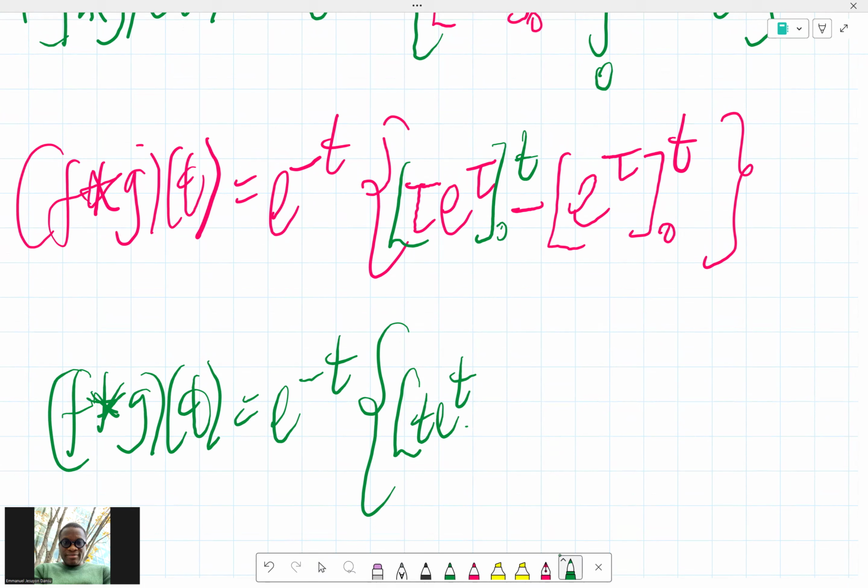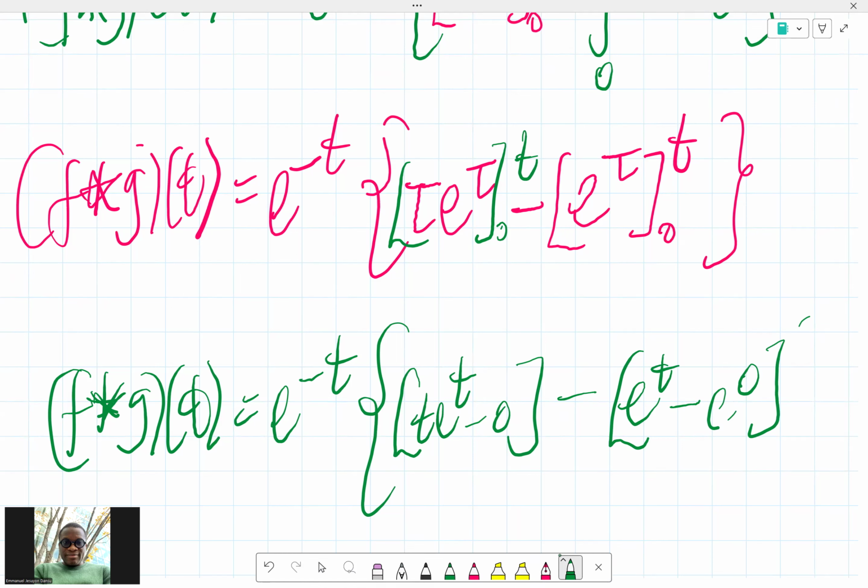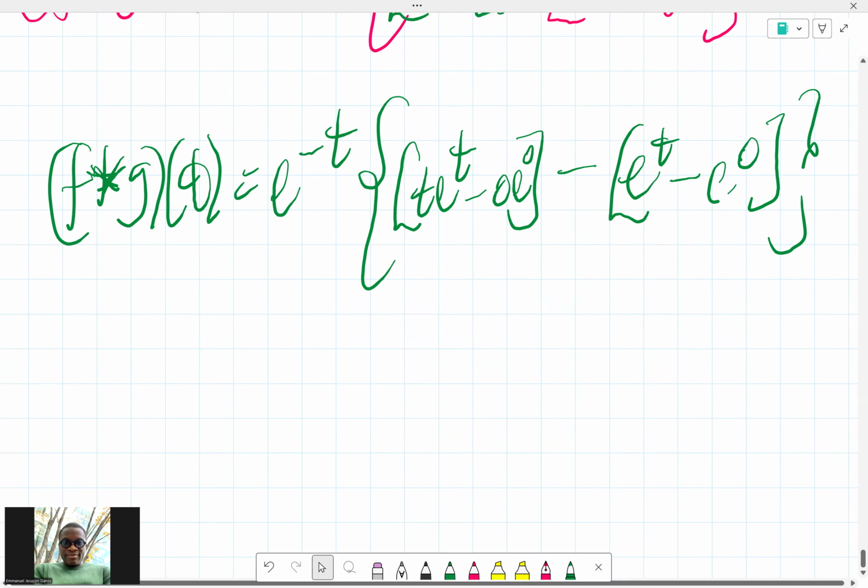Then if you put 0, that would simply be 0, because when t is 0, tau is 0, and the 0 cancels that out. Minus, here now when tau is t, we have e raised power t, minus when tau is 0, we have e raised power 0. That's what we have for that. And of course the 0 just cancels everything out. So we can simplify this now.